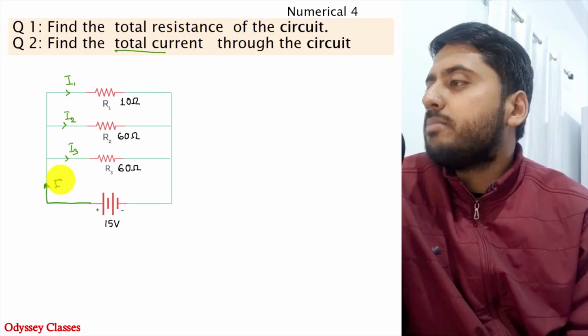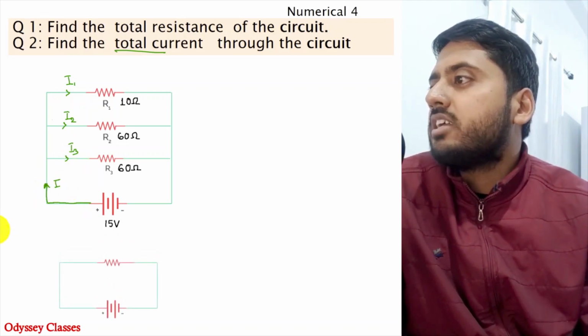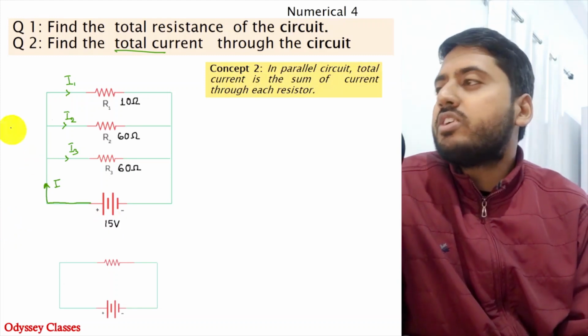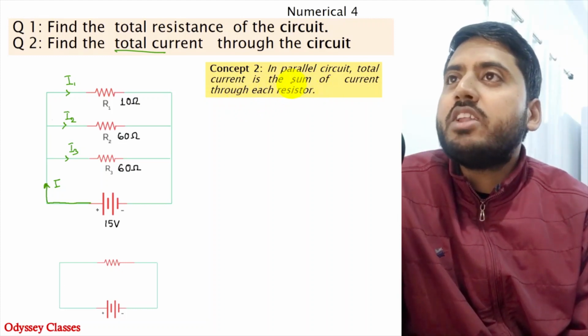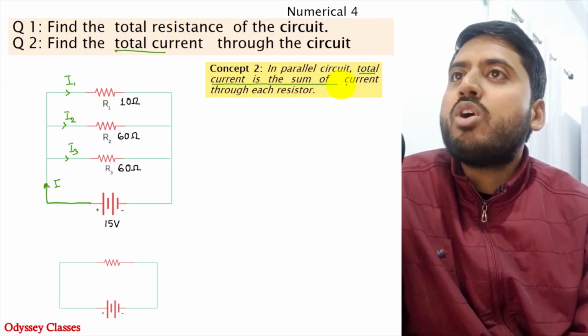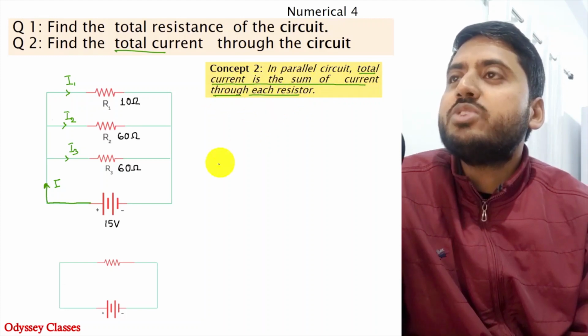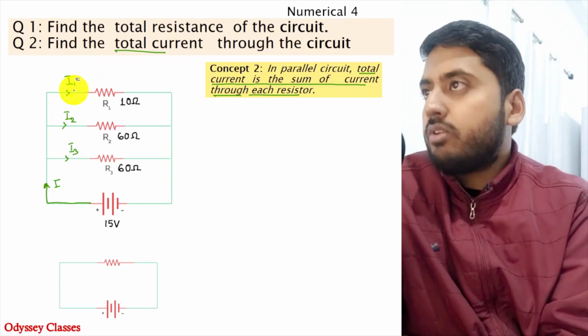We know the concept: the total current I flowing in the circuit is the sum of the current passing through each resistor. It's given here that in a parallel circuit, total current is the sum of current through each resistor. Since we know the values of I1, I2 and I3, we have just now calculated them.